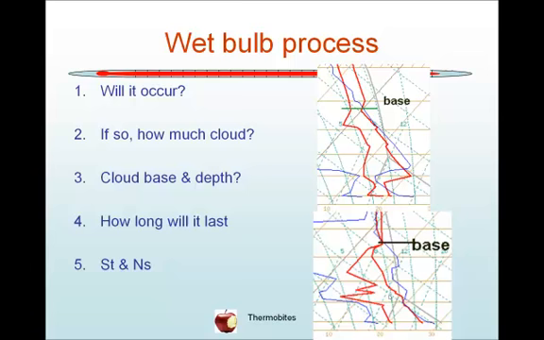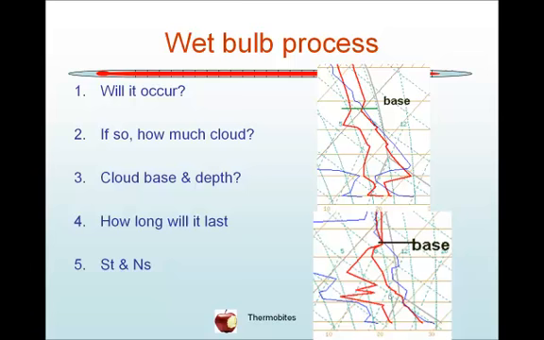And the region of atmosphere, the low region of atmosphere in which the precipitation is going to fall, how close is it to saturation? If it's not very close to saturation, it's going to take a lot of rainfall to evaporate into that region to produce significant amounts of low cloud. But if the region of atmosphere near the surface is very close to saturation, then it's not going to take a lot of precipitation to saturate it and to form the low-level stratus. So that will have an impact upon how much.